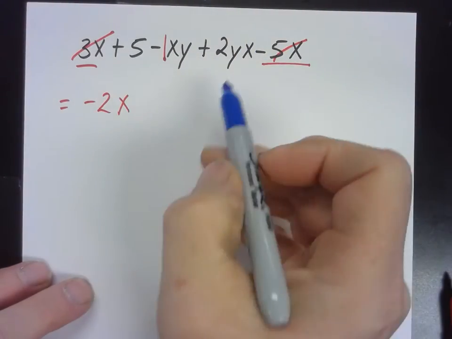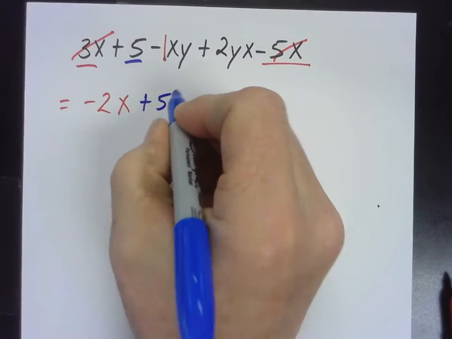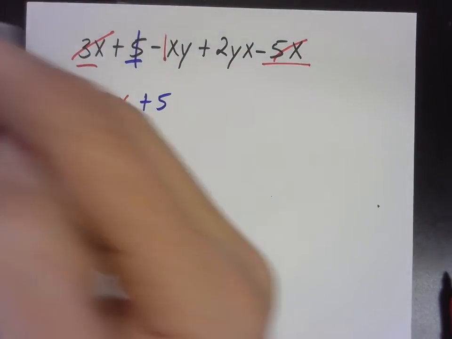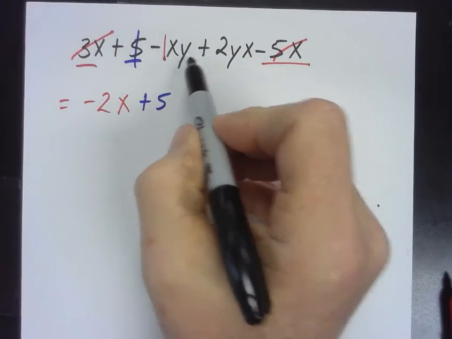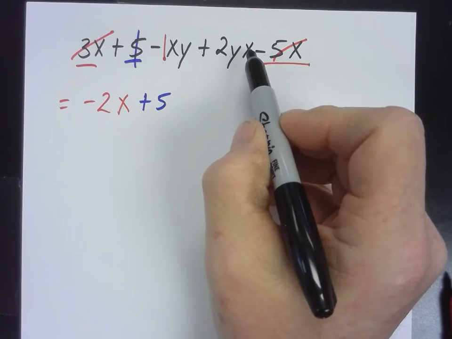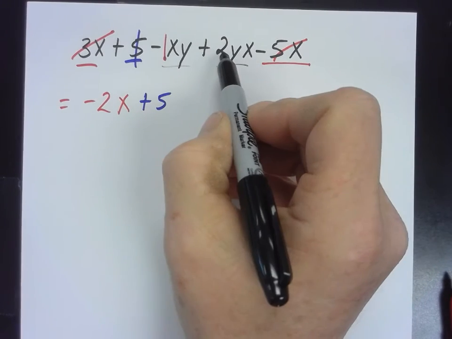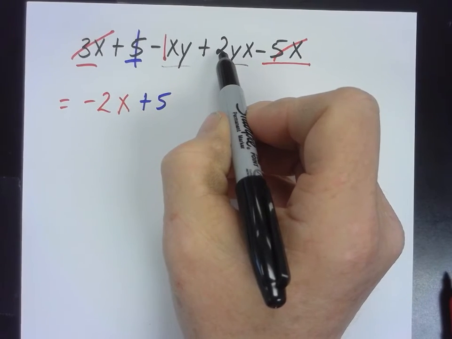And then that was it. So I go down to the next one. Plus 5. Is anything a like term with it? No other constants? Okay. So we're just going to say plus 5. That takes care of that one. And then I go down to the next one. Negative 1 xy plus 2xy. Are they like terms? They absolutely are. So we can put them together. Negative 1 and 2 gives us positive 1.